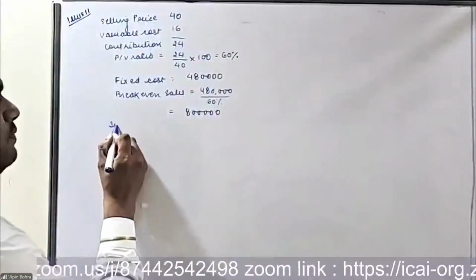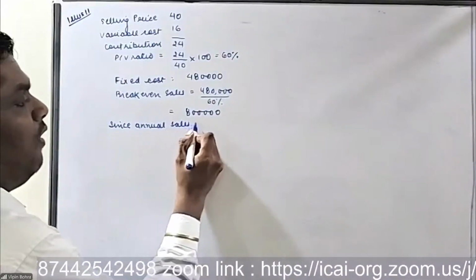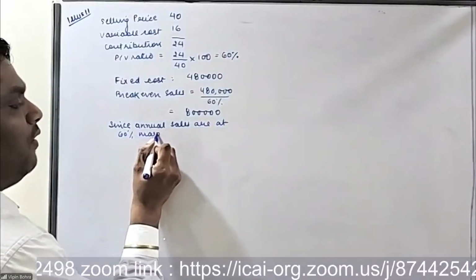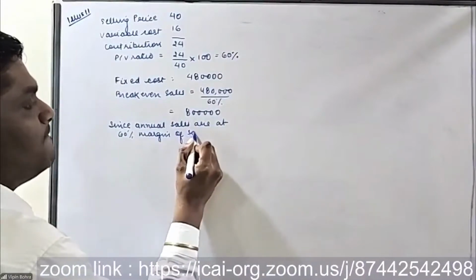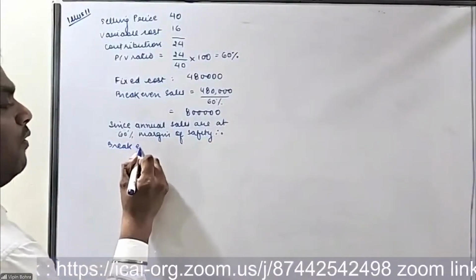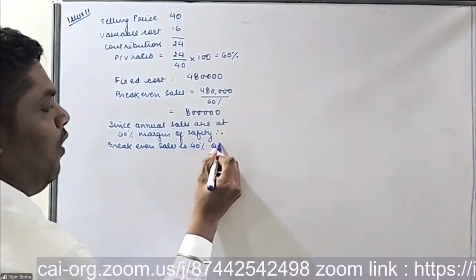Further in the question, it is given that the annual sales are at 60% margin of safety. It means the break-even sales is 40% of the total sales.